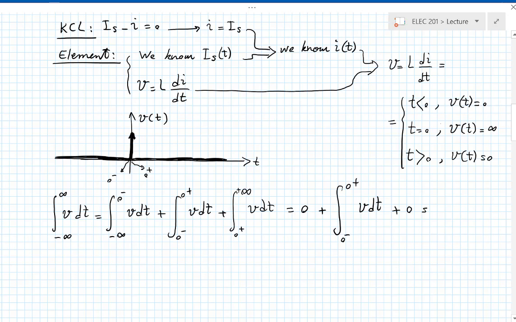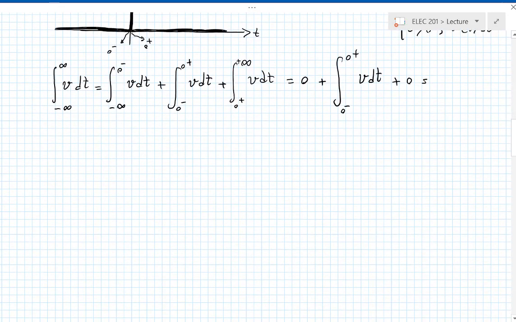If you look at the inductor relationship, with a little bit of rearrangement, v dt is just L times di. So let's replace that from the inductor relationship. L is just a constant, so it comes out of the integration.